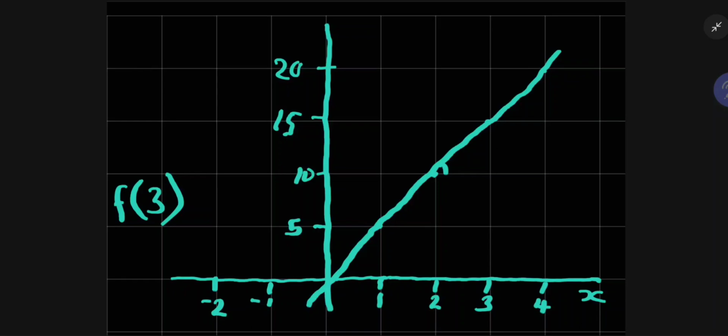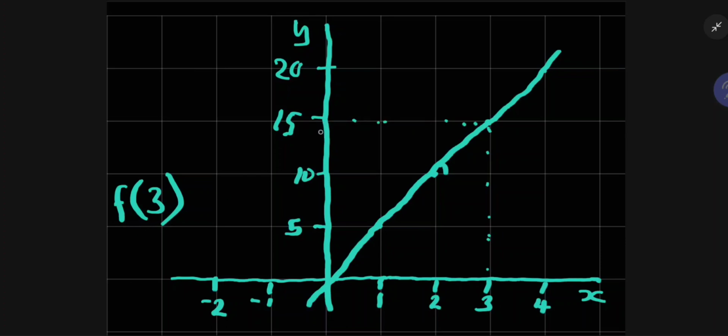To find f of 3, since your x is 3, on the x-axis, locate 3, then trace it upwards until it meets the graph line, and at whatever point it meets the graph line, find the y-coordinate.